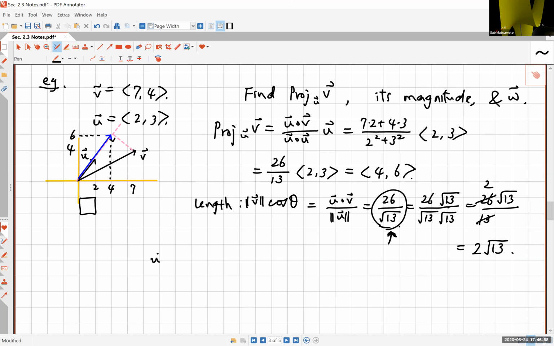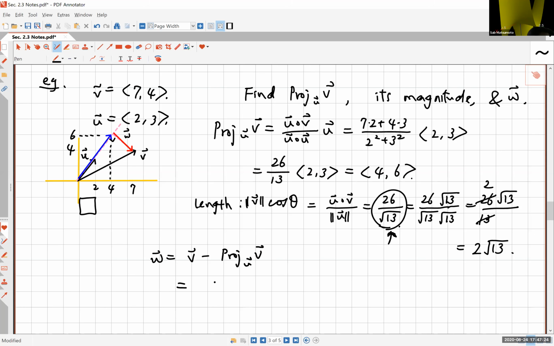Okay, W. W would be the vector that goes here. Let me just go ahead and do red here. W is the vector that goes from here to here, right? This is my W. Hopefully you can see that picture. That W is simply V minus the projection. And so what is V again?